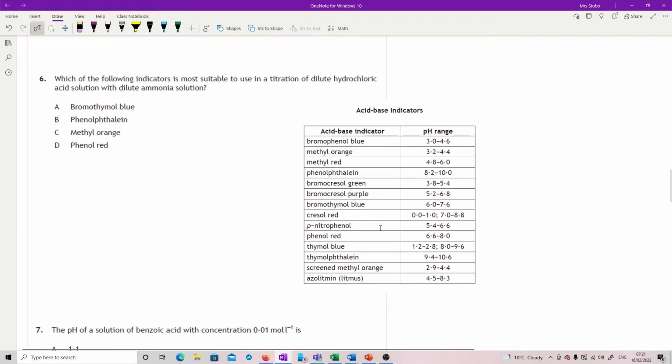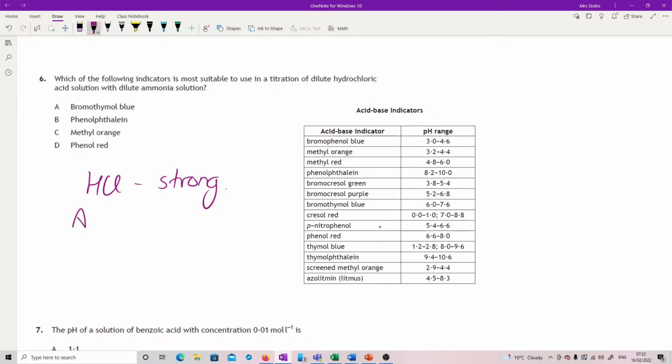Question 6. Which of the following indicators is most suitable to use in a titration of dilute hydrochloric acid solution with dilute ammonia solution? Right, so this is all about your strongs and weaks. You need to know that hydrochloric is a strong acid. You need to know that ammonia is a weak base.